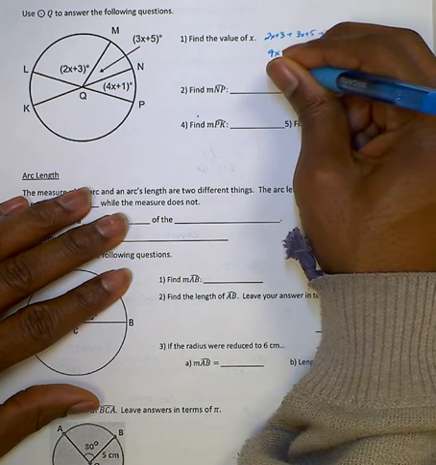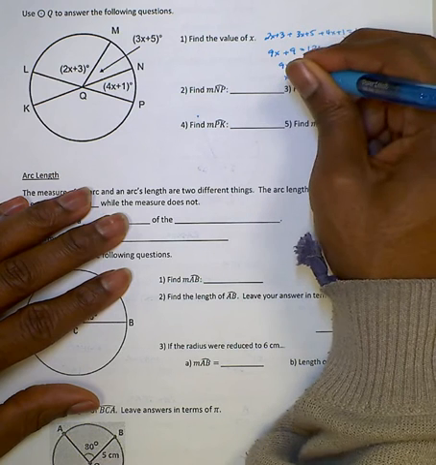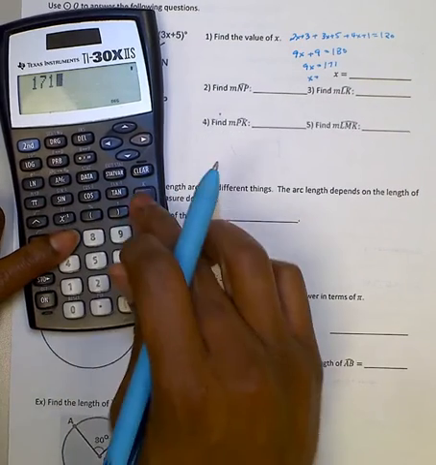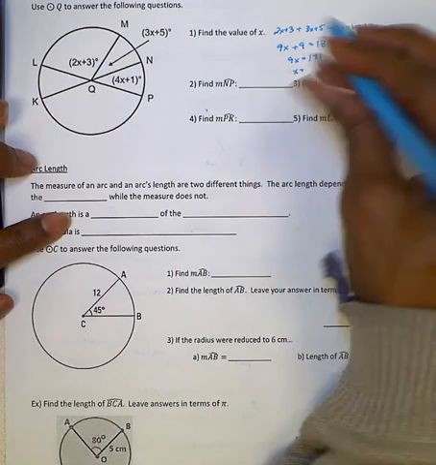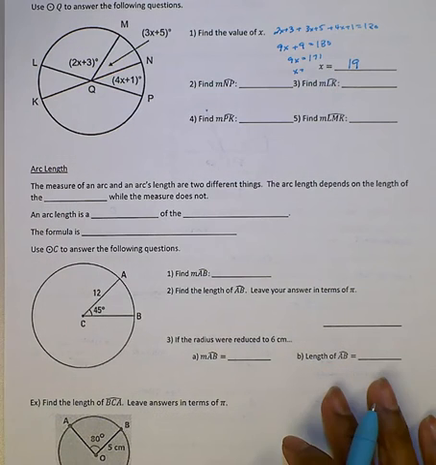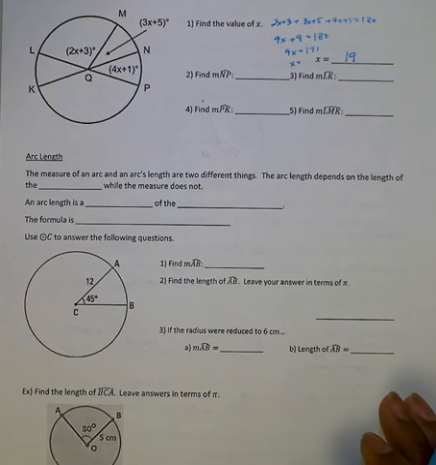So 9x will equal 171. So x will equal, I'm thinking it's going to be 19, but let's see. 171 divided by 9, 19. Alright, so now we find the value of x is 19.